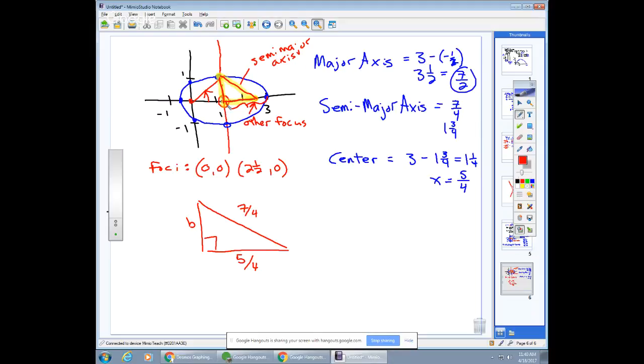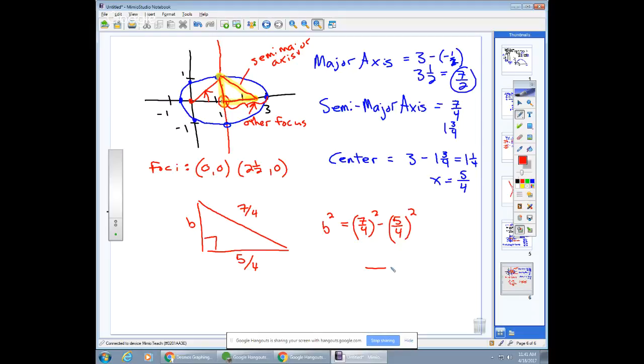So now we can calculate that pretty quick. We know that B squared is going to have to equal 7/4 squared minus 5/4 squared. You'll probably get the point pretty quick that the last couple of days, we're just doing tons of geometry with some graphing along with it. So what do we get there?